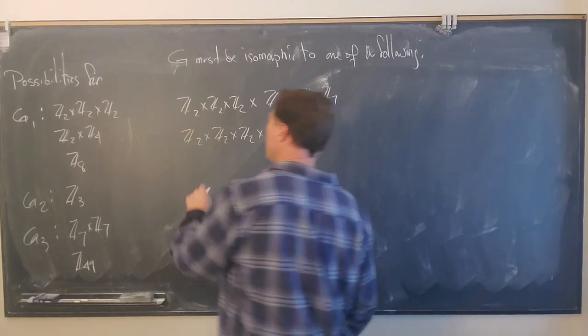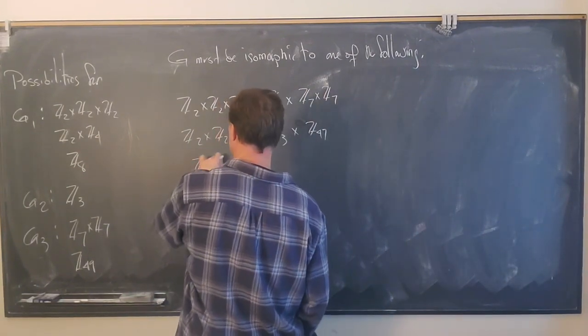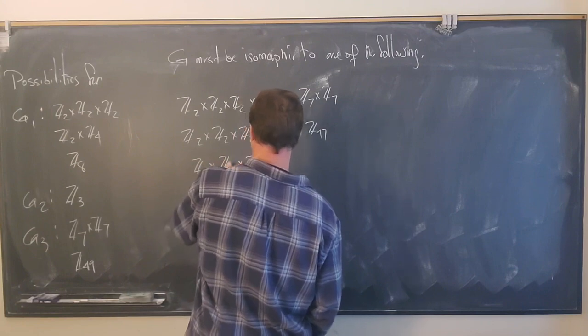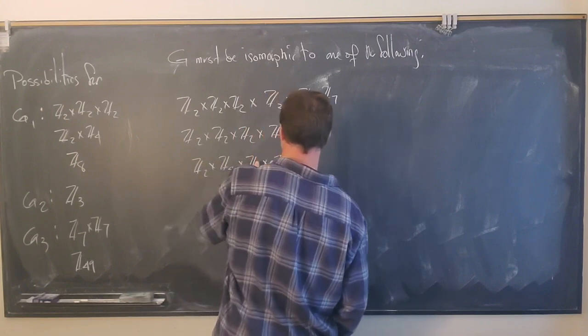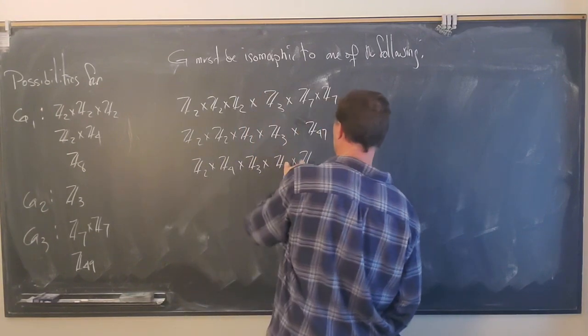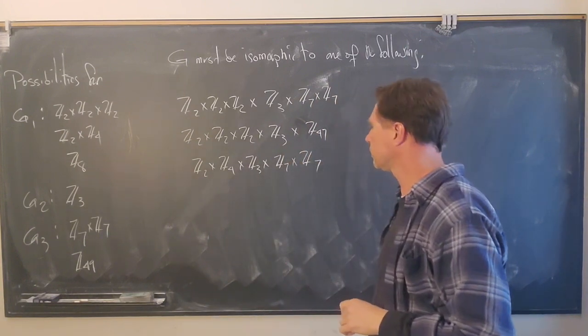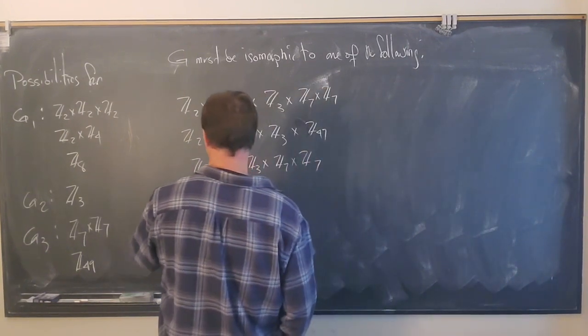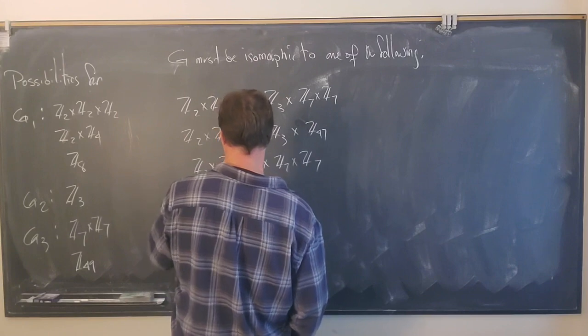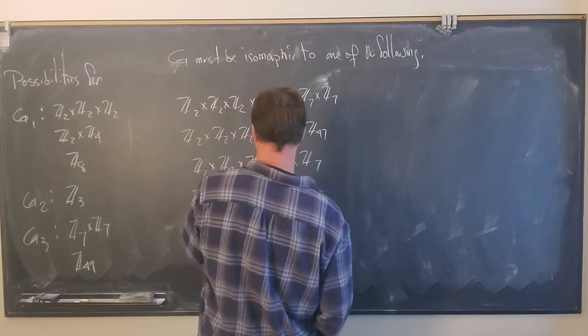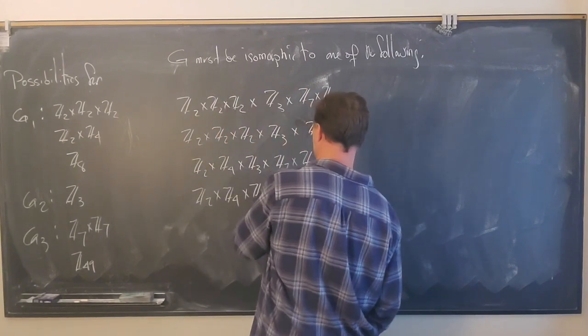It could be Z2 cross Z4 cross Z3 cross Z7 cross Z7. It could be Z2 cross Z4 cross Z3 cross Z49.